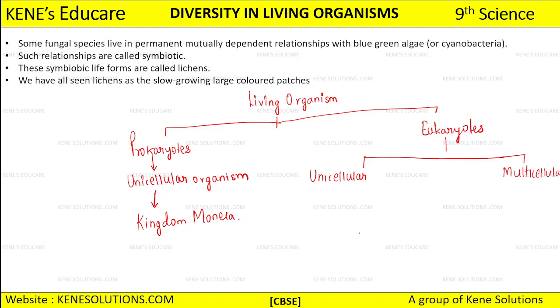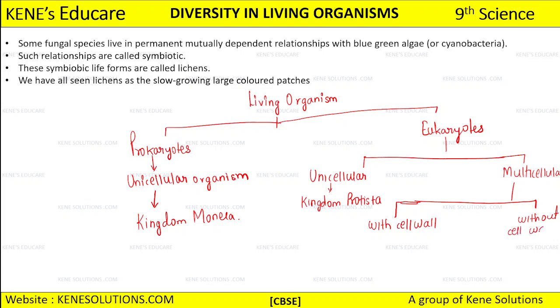Unicellular में which kingdom do we have? We have the second kingdom, kingdom Protista. Now multicellular eukaryotes are going to be of two kinds: they can either be with cell wall or without cell wall.